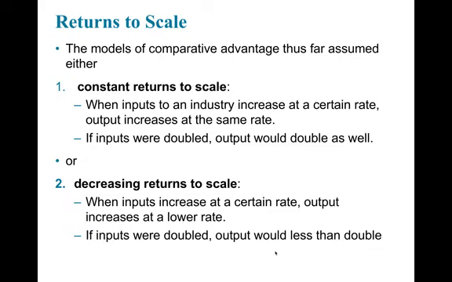Decreasing returns to scale was certainly central in the discussion of the specific factors model. When input increases at a certain rate, output increases at a lower rate. So if inputs double, output would less than double.